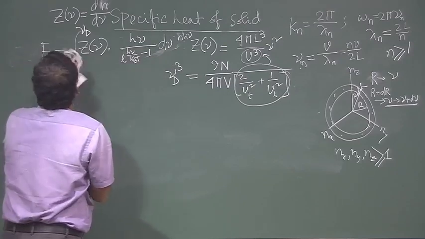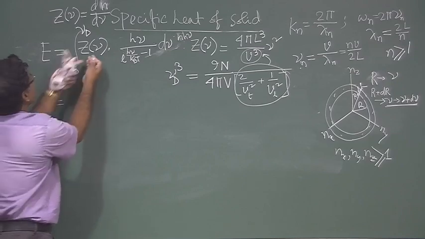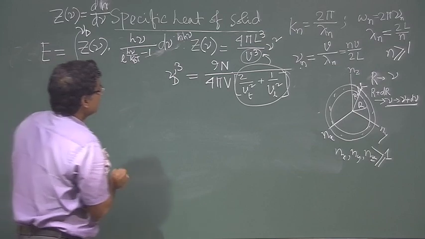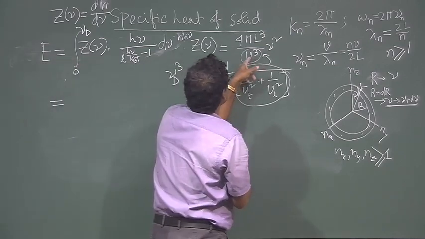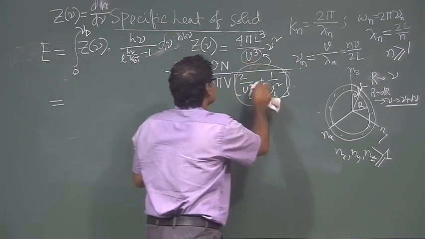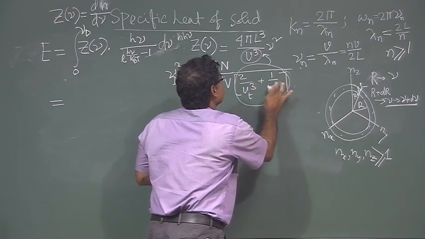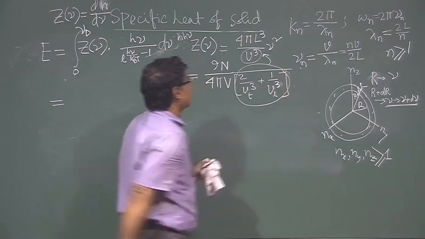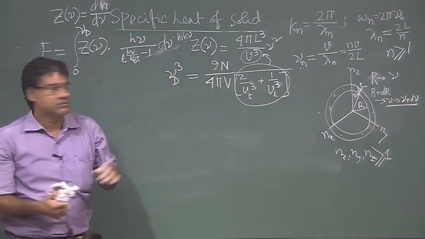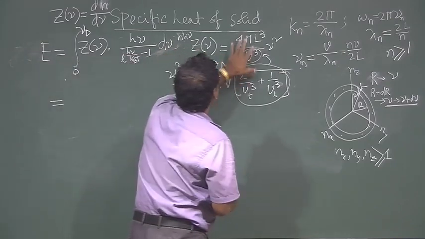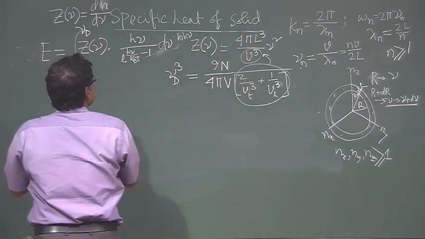So, you replace E equal to, you replace this. Here I again made a mistake, it is V cube. So, this is not V square, this will be V cube. Okay. So, here you put this value, what is Z nu.